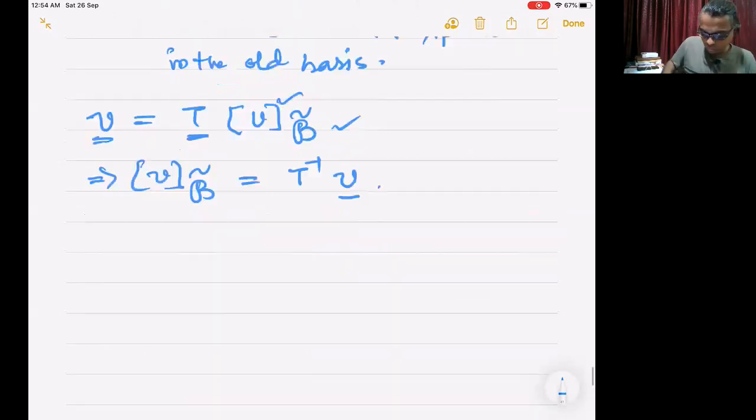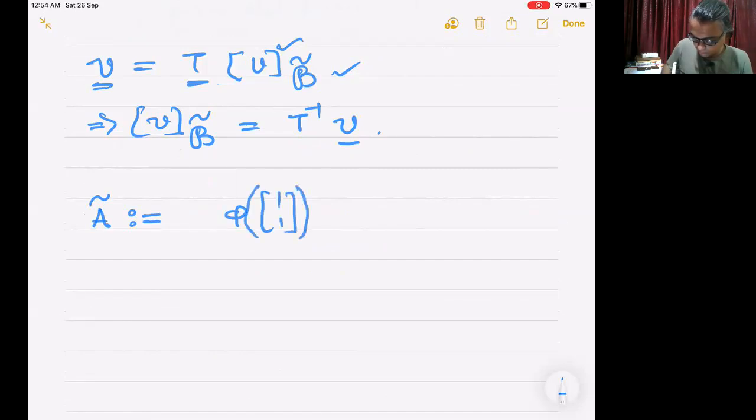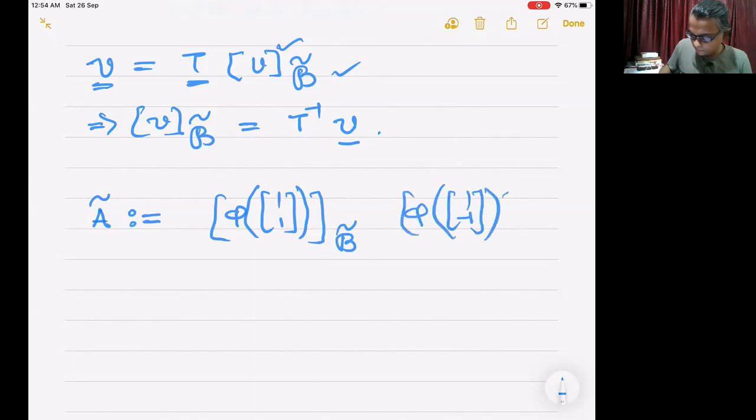Now we go back to our A tilde. What was A tilde? A tilde is defined as phi acting on (1,1), its representation in the new basis, and phi acting on (1,-1), its representation in the new basis. That should be A tilde.